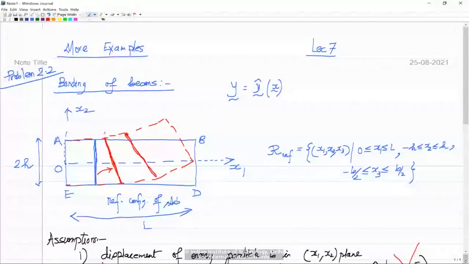And it also says all those lines, when extended, pass through the same point, which is 0 comma gamma L. Okay, it does not say anything about whether the length of the line is changing or not.